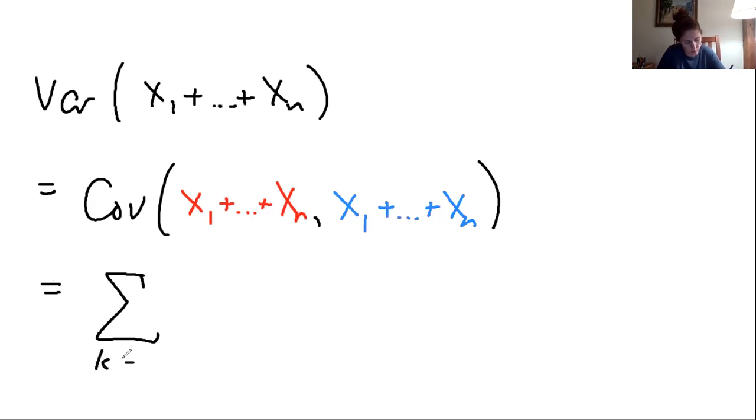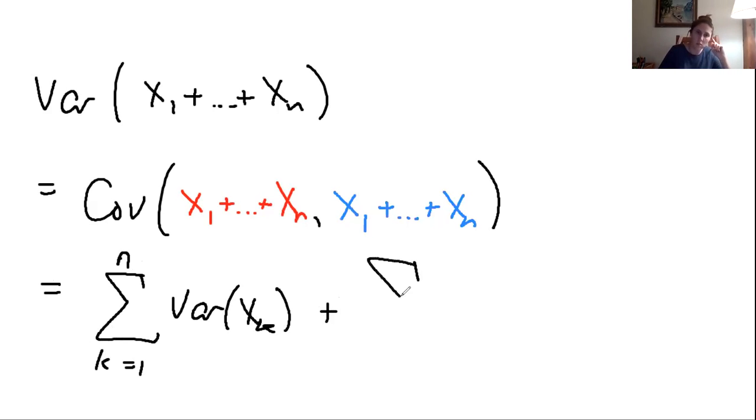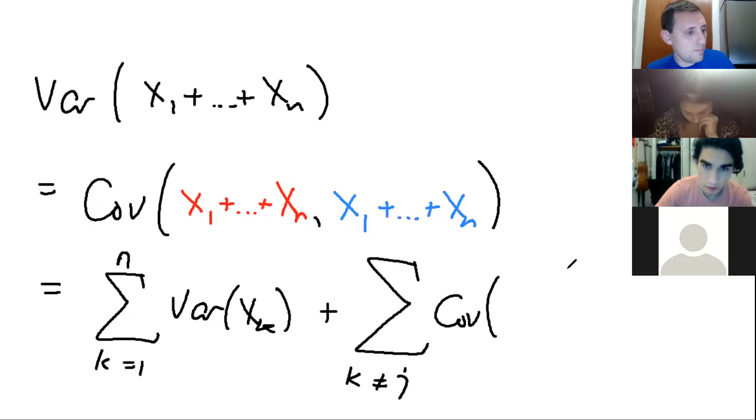I can write it as the sum over k equals 1 to n of variance of xk, right? Plus the other encounters, where I can write it like this, for example, where k does not equal j, covariance of red xk against blue xj.